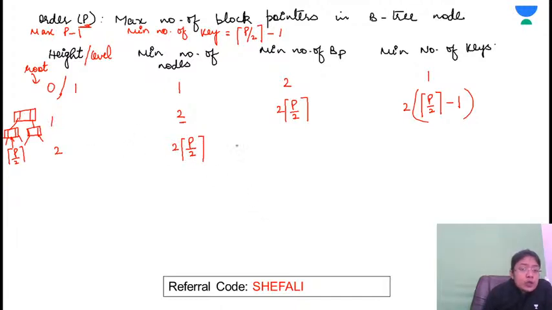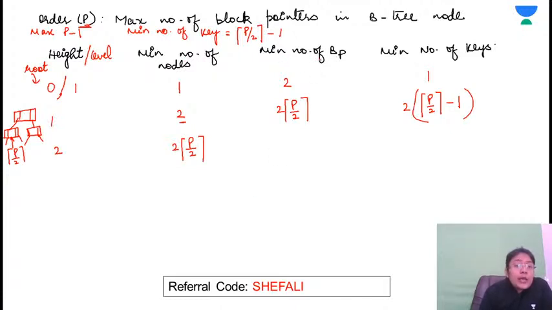Are you following this concept? I'm giving you the generalized concept. If they give the value of order P as 3 or 4, then you can easily get the values, right? Is it clear till here?